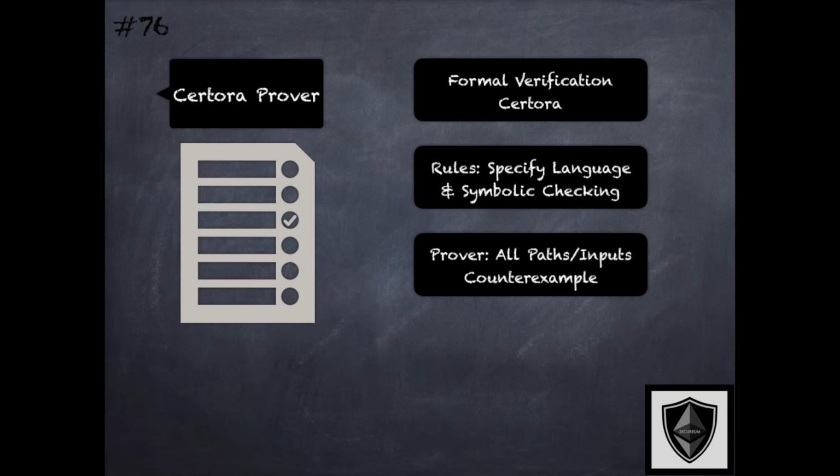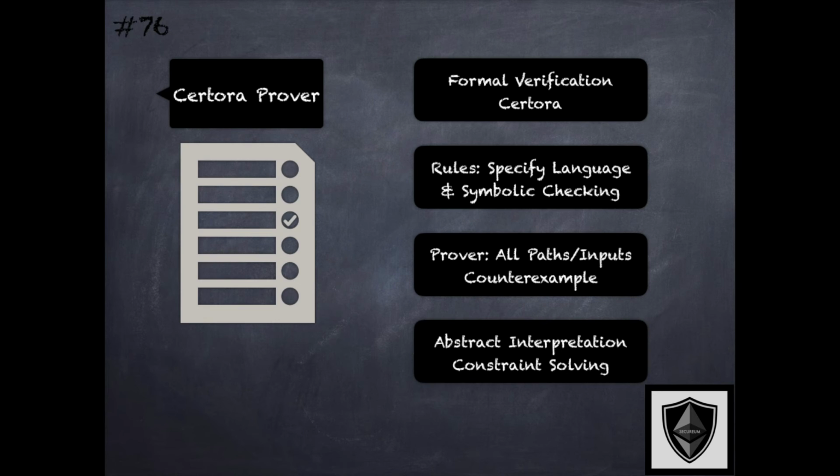The prover then automatically determines whether or not the contract satisfies all the rules provided using a combination of two fundamental computer science techniques known as abstract interpretation and constraint solving. I would encourage everyone to take a look at their website and documentation to understand how the prover tool works and the technology behind it.